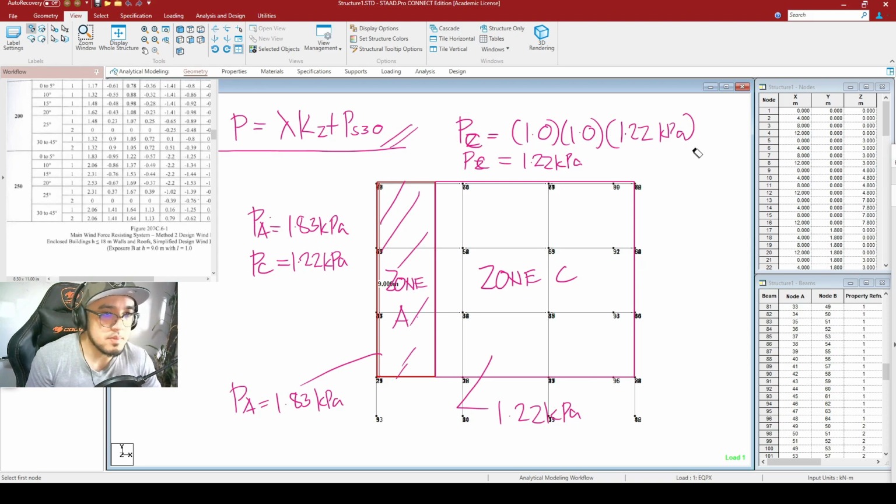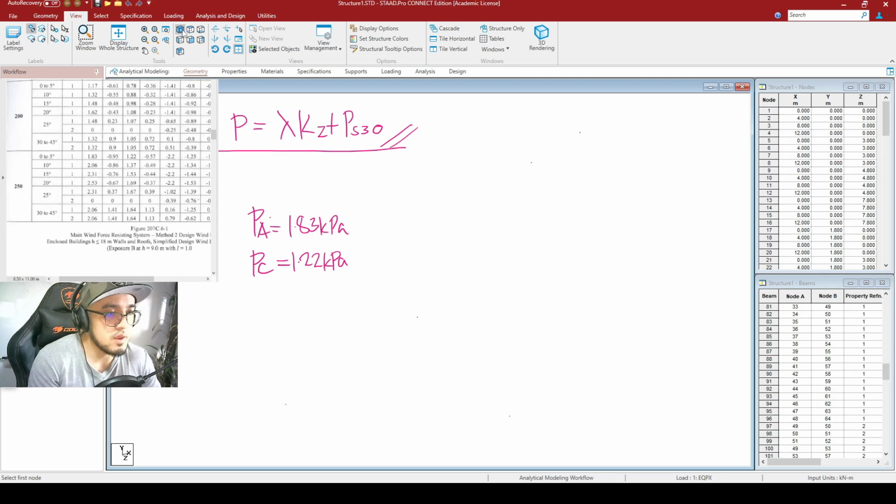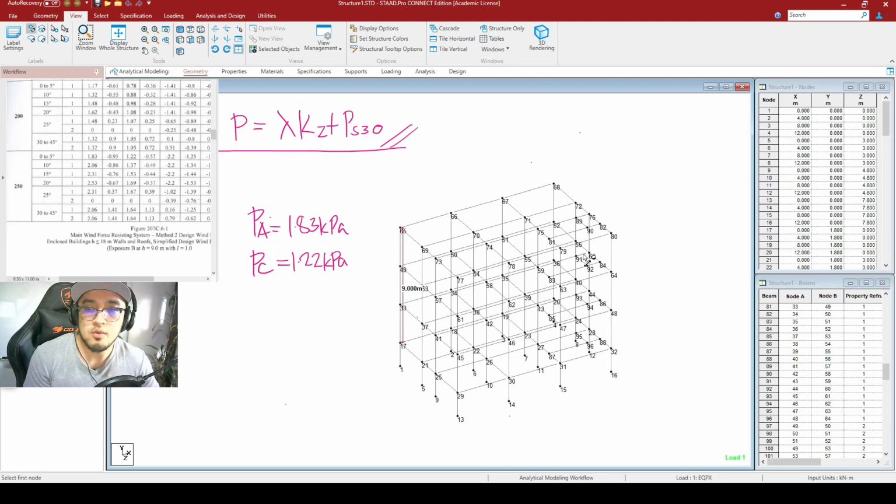So there, I will just be erasing everything first. Okay, so those are to be the pressures that we will be applying in here. But first, let's solve for the pressures for zone E, zone F, zone G, and zone H.